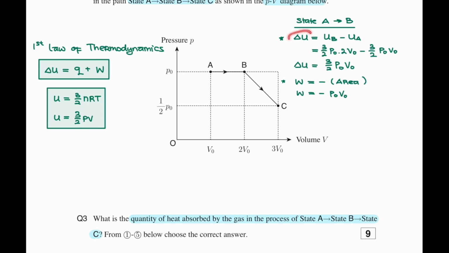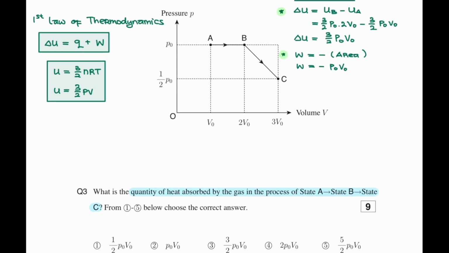After I got delta U and I got W, of course now I can calculate the Q for state A to state B by using the first law of thermodynamics.